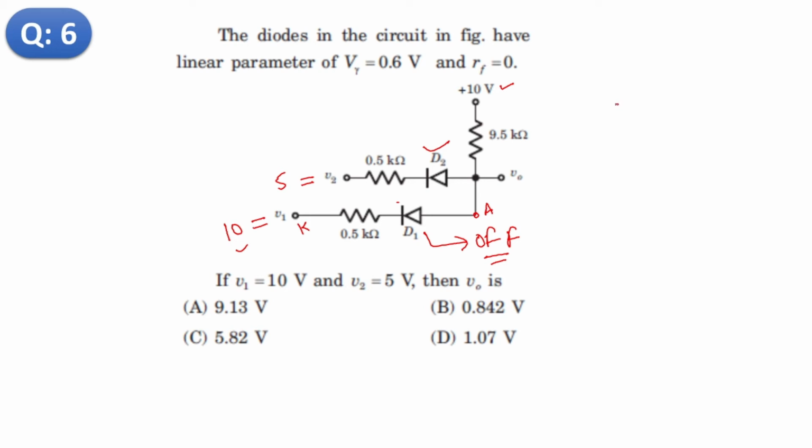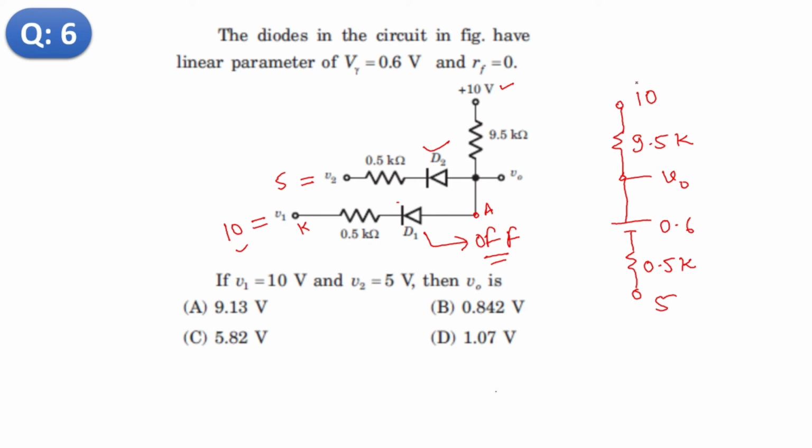So the equivalent circuit will be like this. This is 9.5k, this is 10, then VO, and this is 0.6, and then 0.5k, and this is 5 volt. This is the difference.